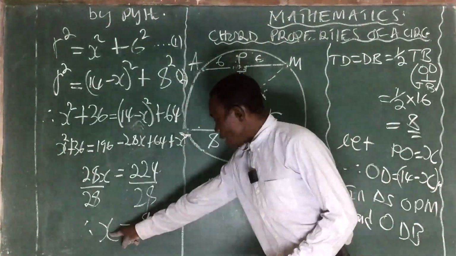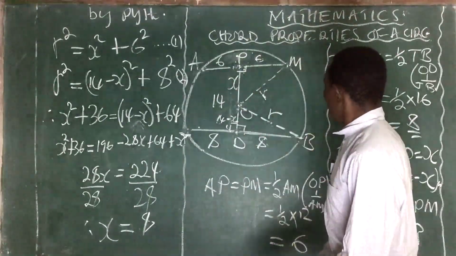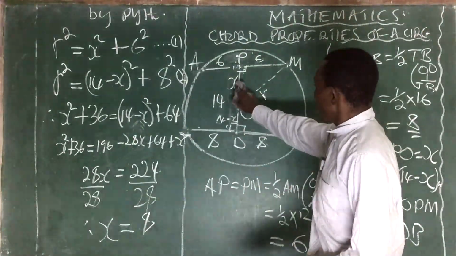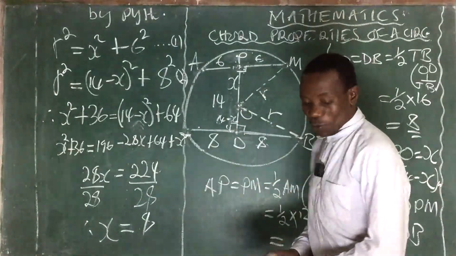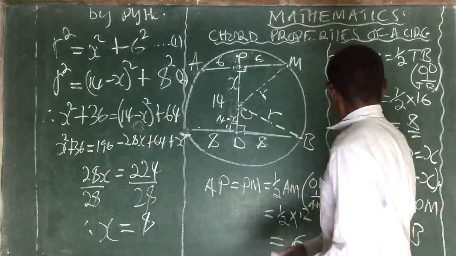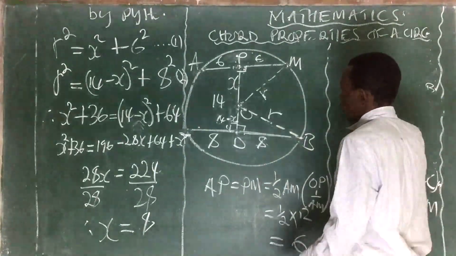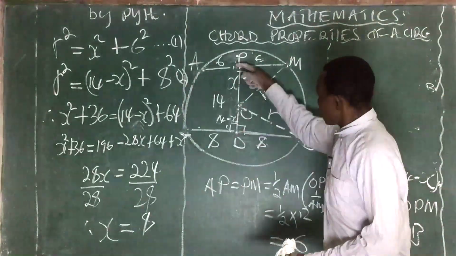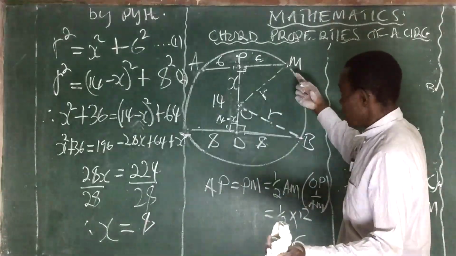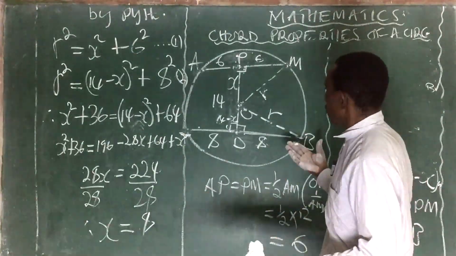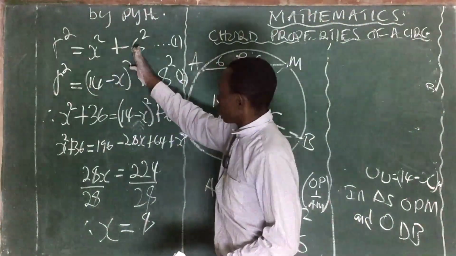So now, if we found that x is 8, what happened then? Then here you can just substitute and write the value of x here, 8. You can choose any one of those triangles as such. So what you have here finally, therefore, if this is 8, then sometimes you can just use one equation here. Take equation 1 here.